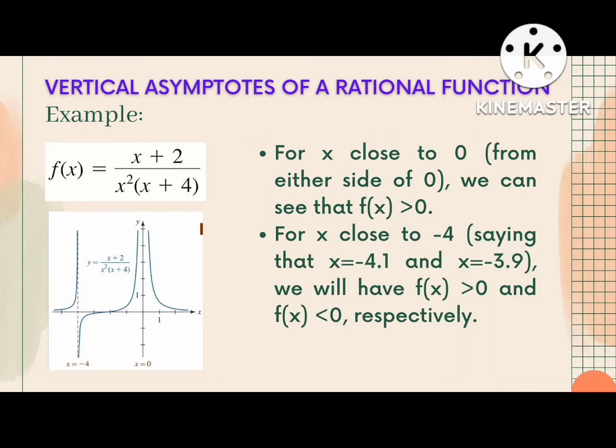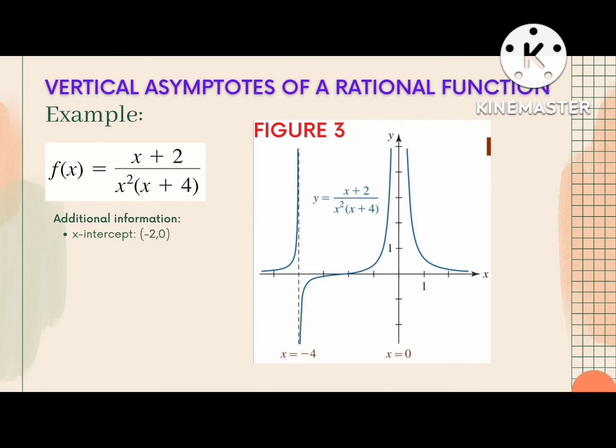For x close to 0 from either side of 0, it is easily seen that f of x is greater than 0. But for x close to negative 4, say x equals negative 4.1 and x equals negative 3.9, we will have f of x greater than 0 and f of x less than 0, respectively.